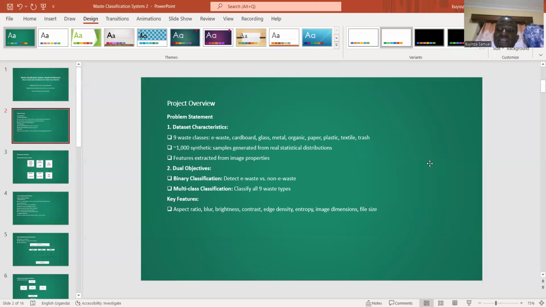When you look at the key features, we have the aspect ratio, the brightness, contrast, edge density, entropy, image dimensions, file size. Majorly, that is what we are looking at for the key features.